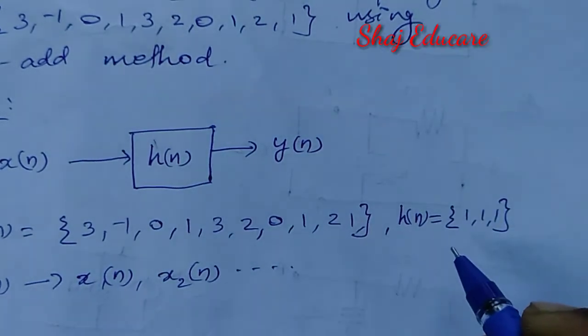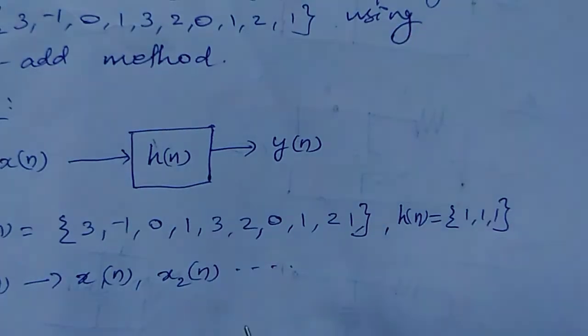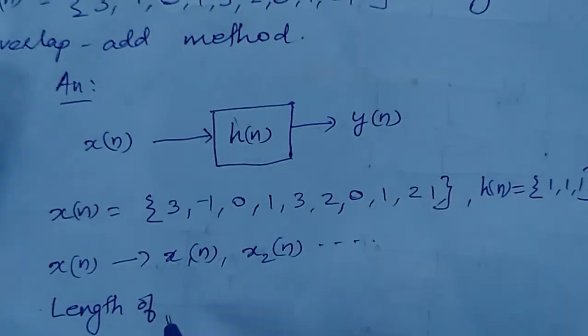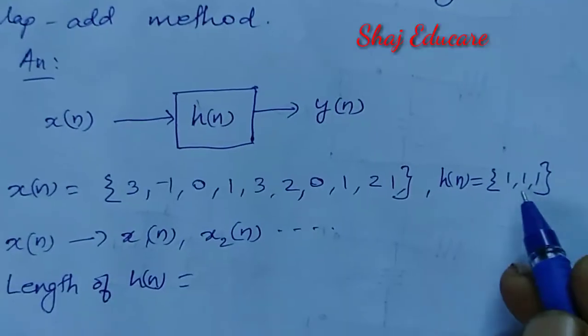What is the length of h of n? Here the length of h of n is 1, 2, 3.